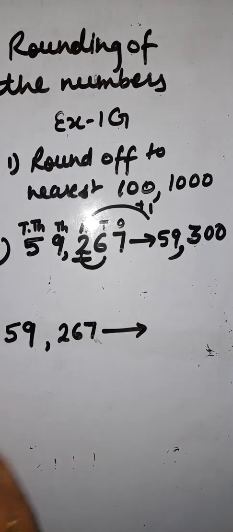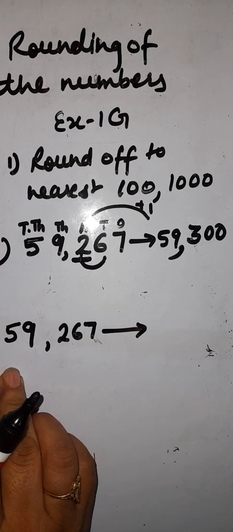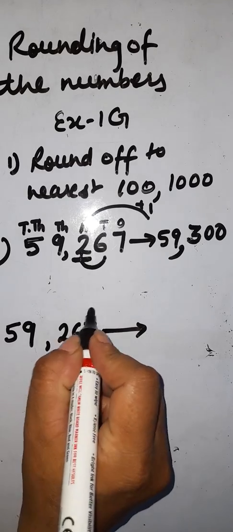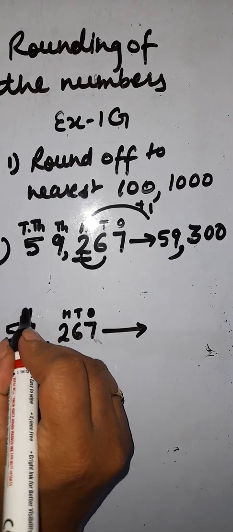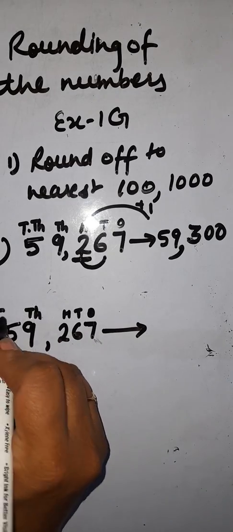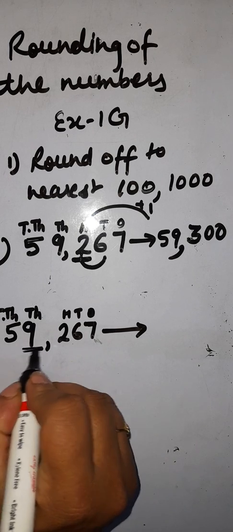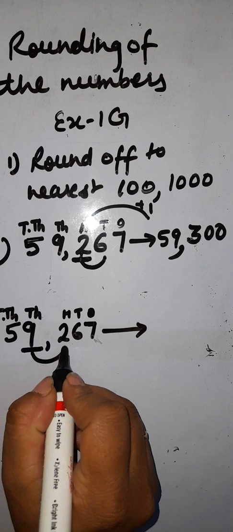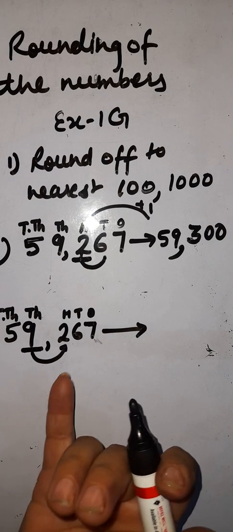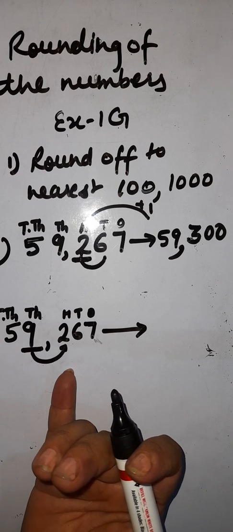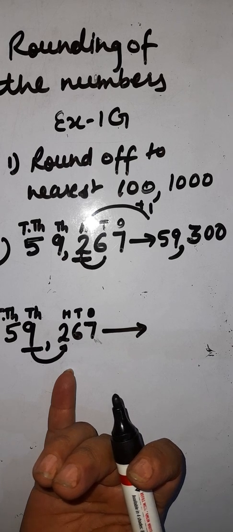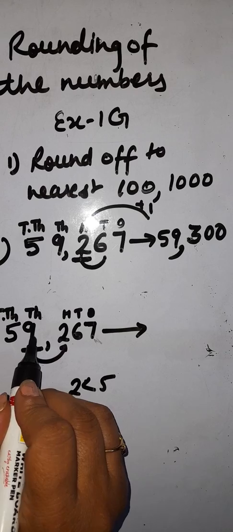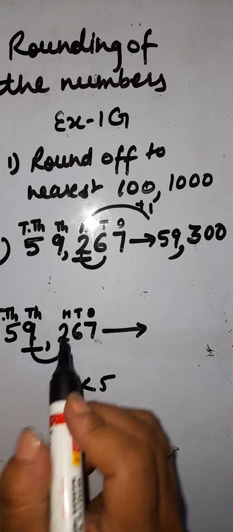Now the same example, 5, 9, 2, 6, 7. We have to round off in the thousands place. Here ones, tens, 100 and 1000, and this is 10,000. Now look at the next digit. This is 2, which is smaller than 5. So the number will not change.